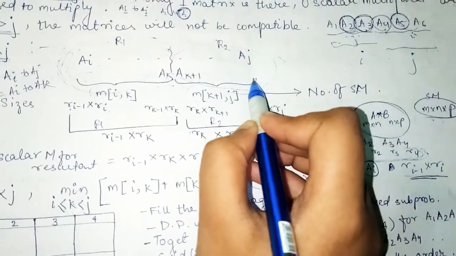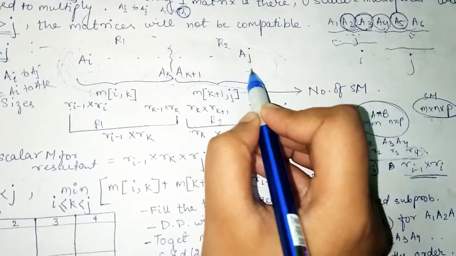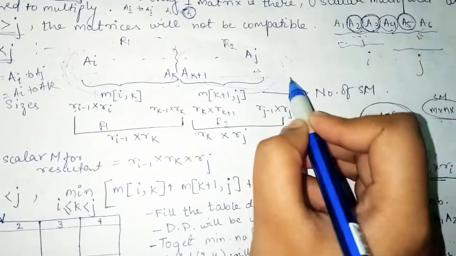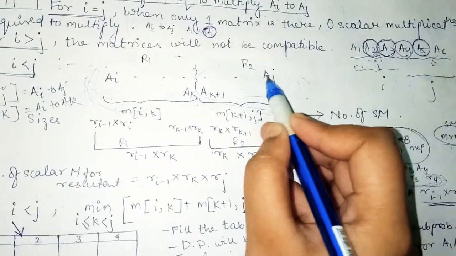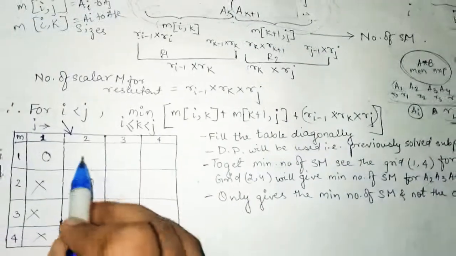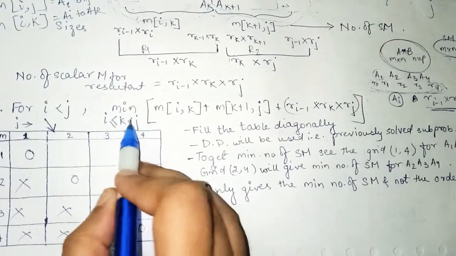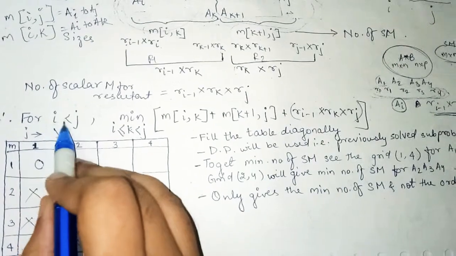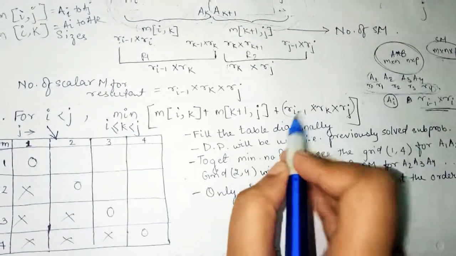If I divide at j, then k will take the whole and nothing is left on this side. So the last thing that I can take is j minus 1. So i included and j excluded. This is the condition for i less than j.